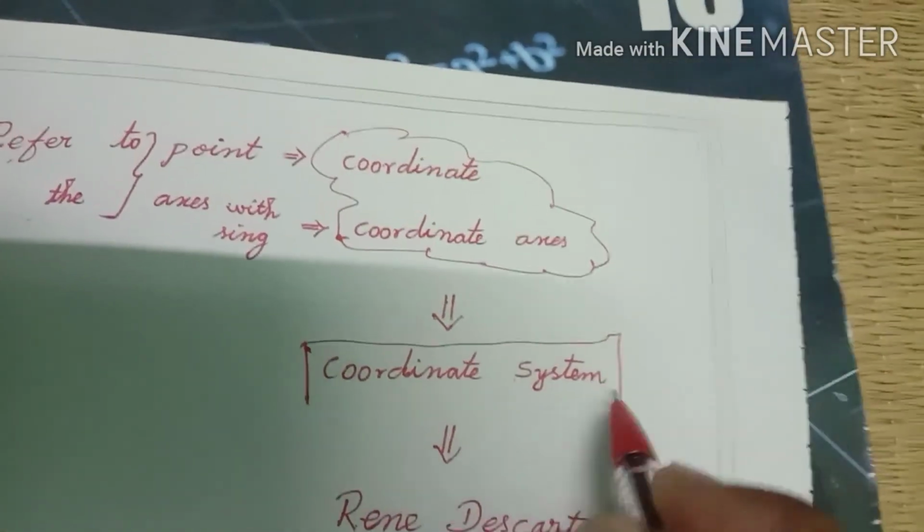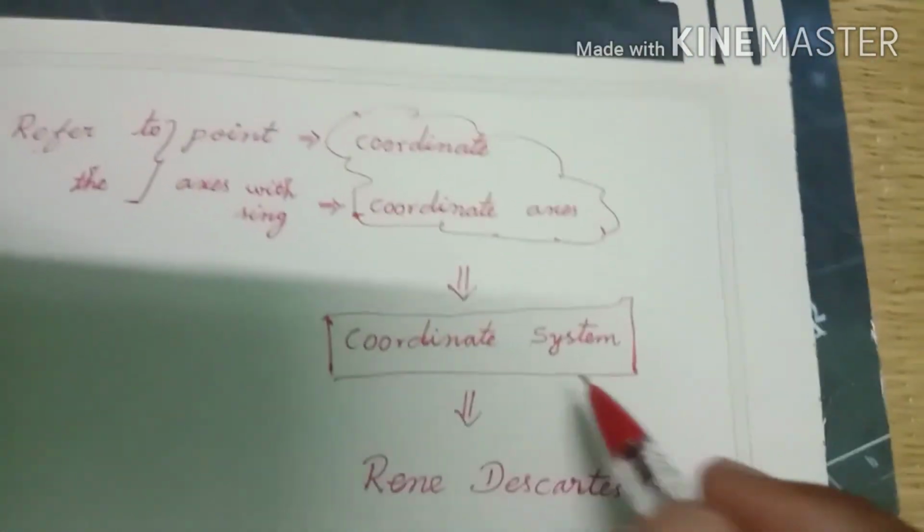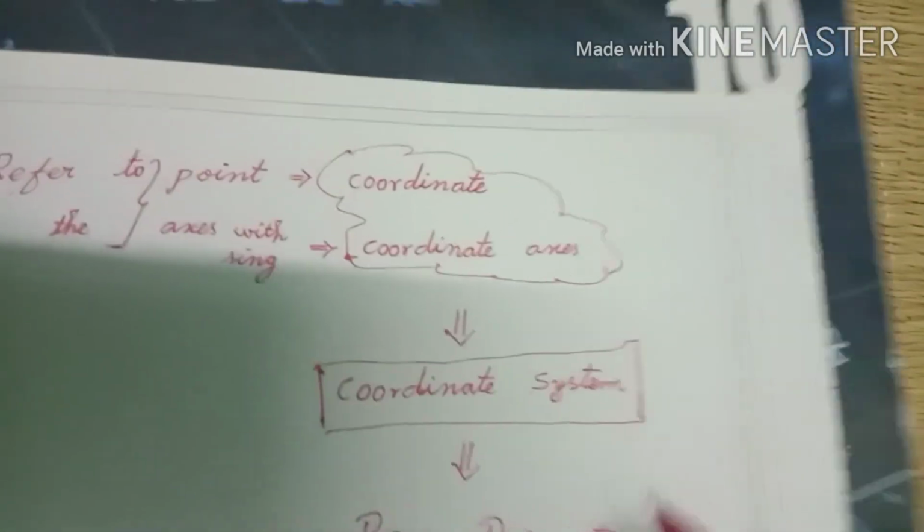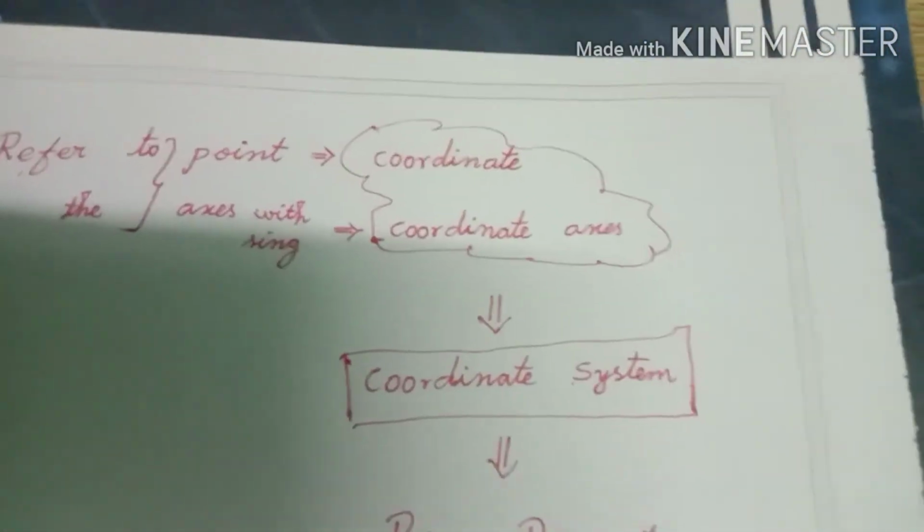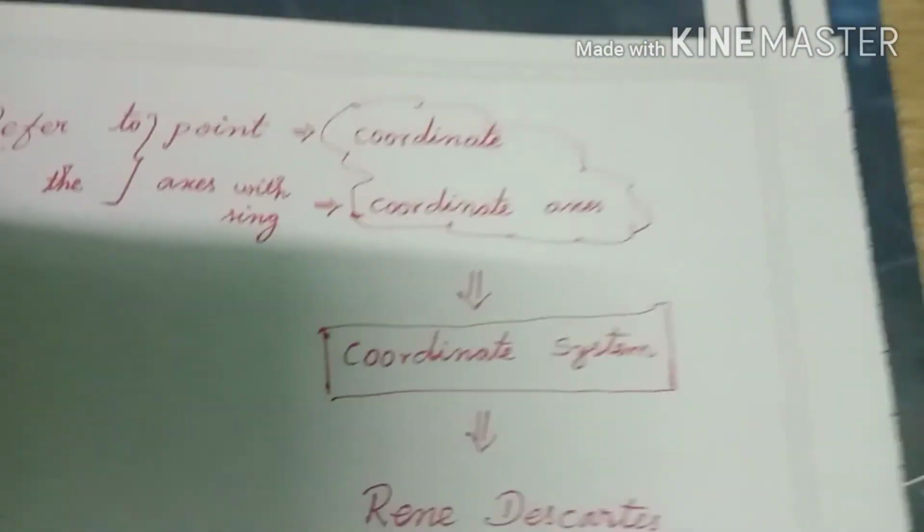This coordinate system was derived by the great mathematician René Descartes.